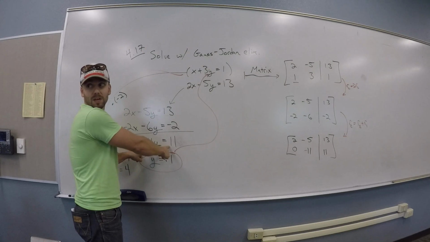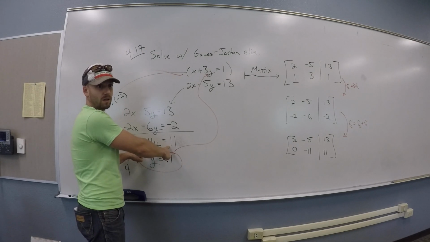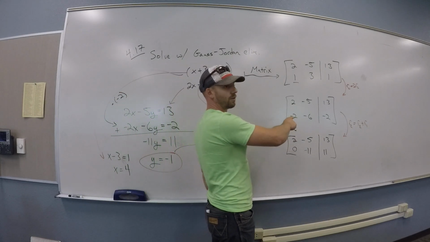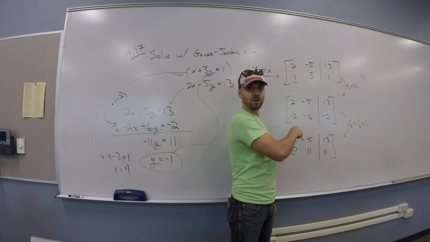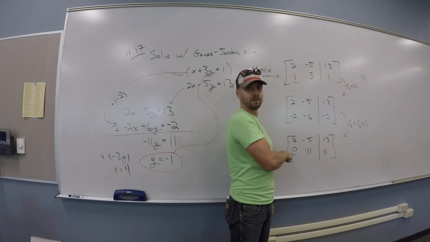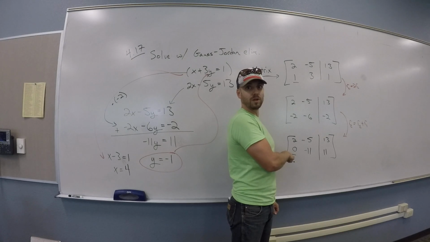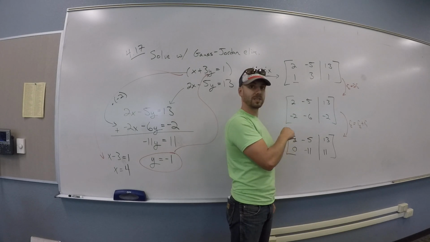You guys see that's the same thing I had before over here? So the advantage of this is, one, I'm not writing down lots of x's and y's and maybe losing one. And two, it's pretty organized. So when we do the 3, I'm going to show you a 3 by 3 example today.